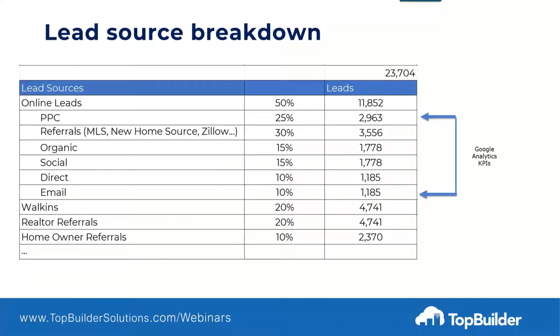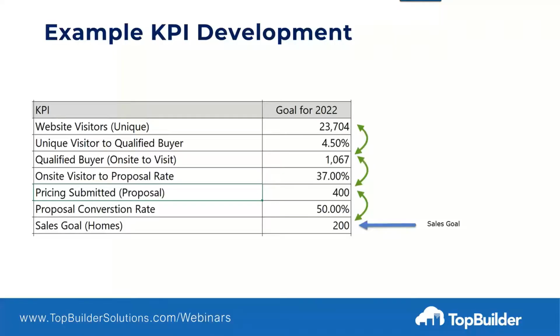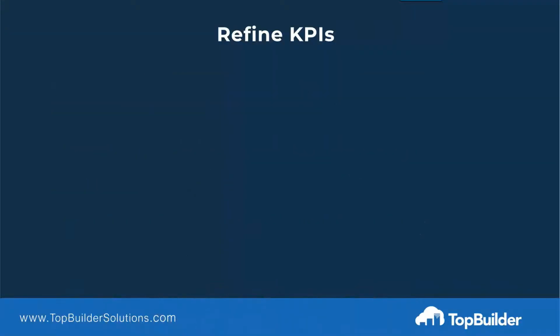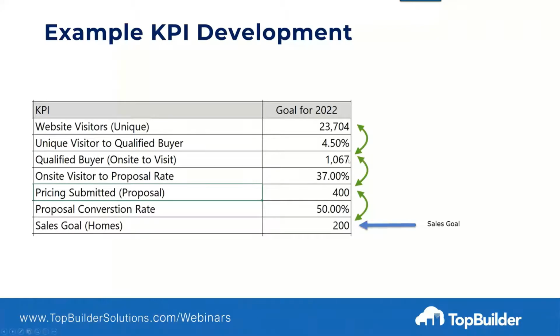But ultimately, what you need from these leads, I'm going to go backwards here real quick, is ultimately, sorry for this, we need that 1,067 qualified buyers from all our lead sources. And that's a very important KPI. Now you're going to watch that very closely, and you're going to watch very closely how am I converting those visits, homeowner visits or qualified buyers. And then you're going to be watching all of these very, very closely throughout the year to make sure you're on track to reach your goal.